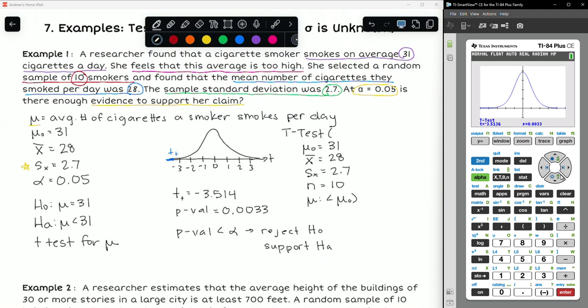And remember that we would write 2 sentences in summary. Because our p-value of 0.0033 is less than alpha equals 0.05, we reject the null hypothesis. And then our second sentence would say, there is sufficient evidence to support the claim that the number of cigarettes that a smoker smokes on average is less than 31 cigarettes per day.